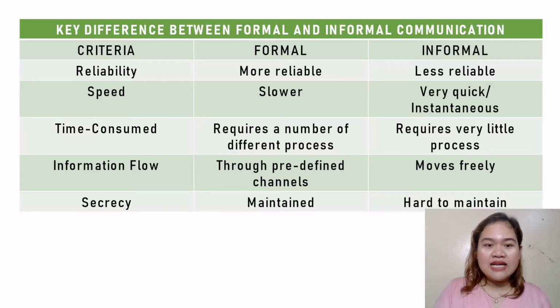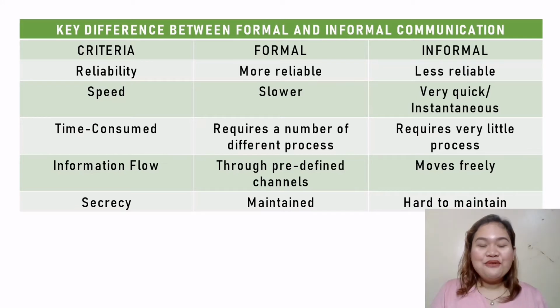The third criteria is time-consumed. Formal follows conventions and rules, unlike informal. The fourth criterion is information flow. The information flow in formal has a defined channel, while informal may use any. And the last criterion is secrecy. Formal is maintained, while informal may be not.